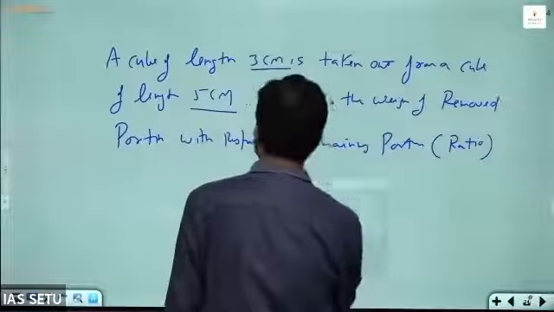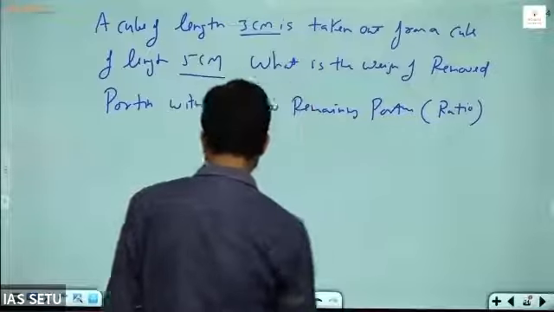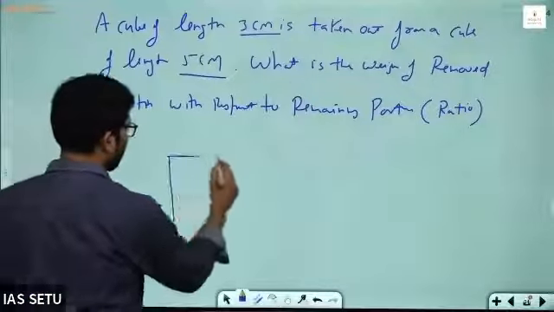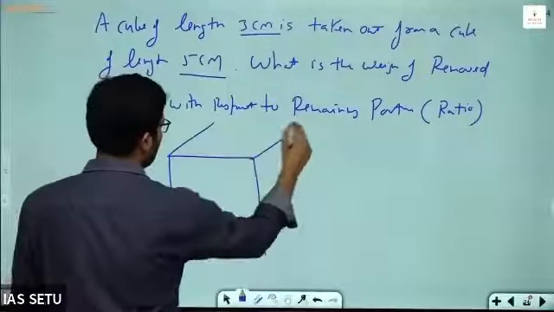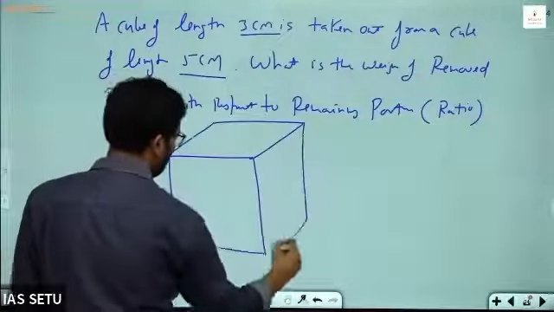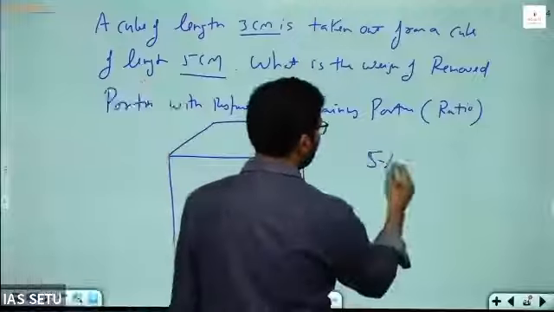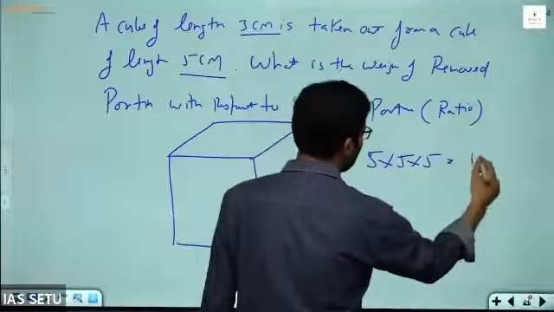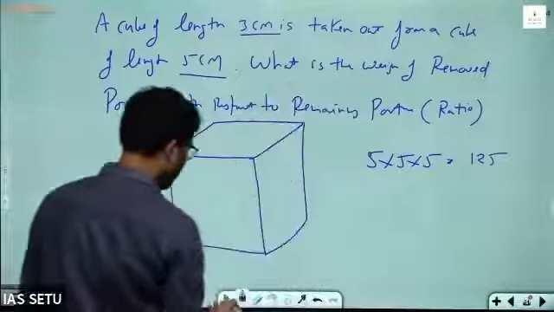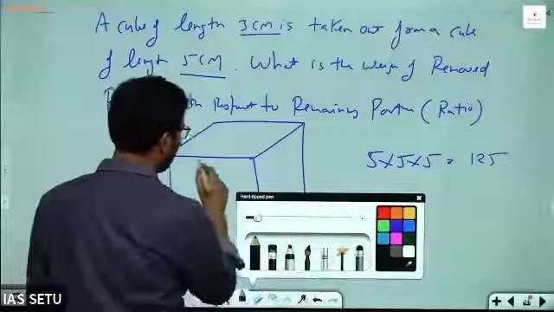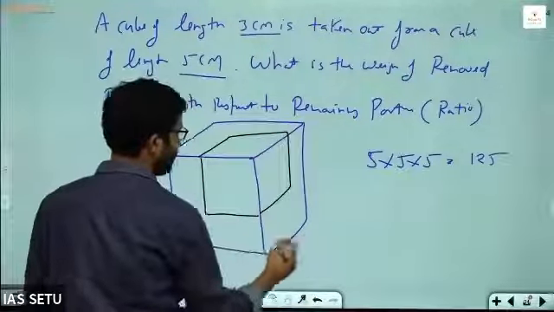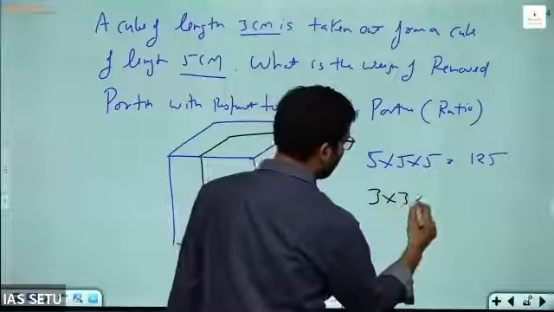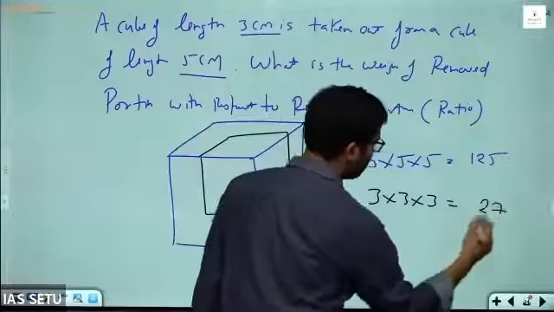So we have large cube, 5 centimeter by 5 centimeter by 5 centimeter. So this is 5 into 5 into 5, 125. What we have removed? We have removed a cube of 3 centimeter by 3 centimeter by 3 centimeter. So it is 3 into 3 into 3, 27 is removed.